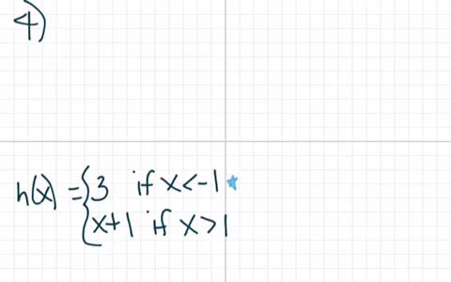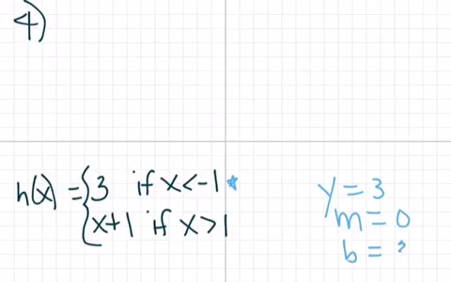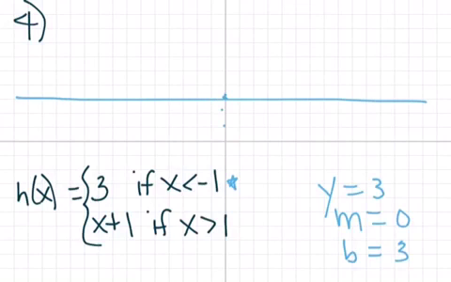Starting with this one, that's telling us that y equals 3. So the slope is 0, and the y-intercept is 3. So you would go up the y-axis to 3, and to have a slope of 0 is a horizontal line. And this says to use the part that's less than where x is negative 1.